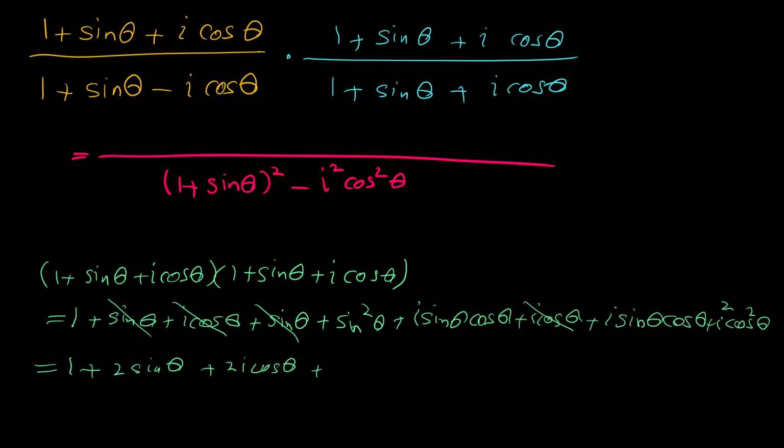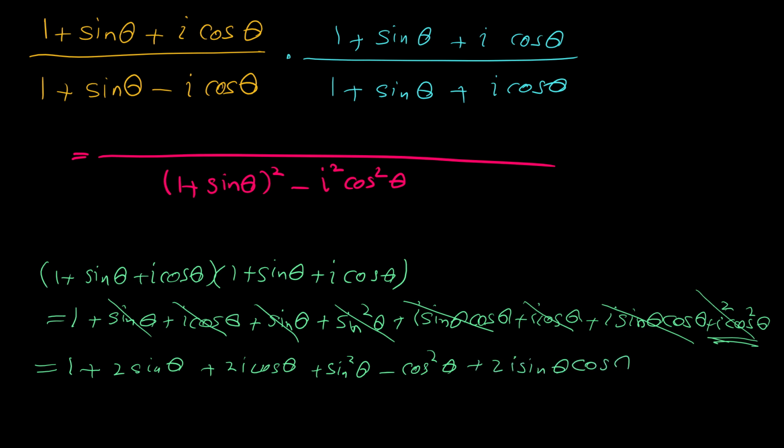I to the 2 cosine to the 2 is basically negative cosine to the 2, because I to the 2 is negative 1. And this term plus this term is 2i sine theta cosine theta.